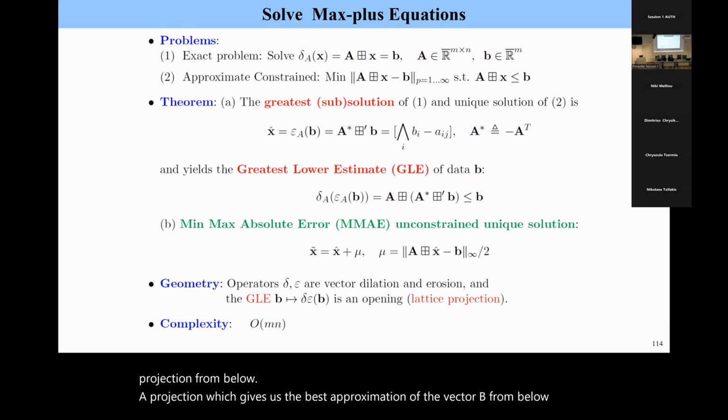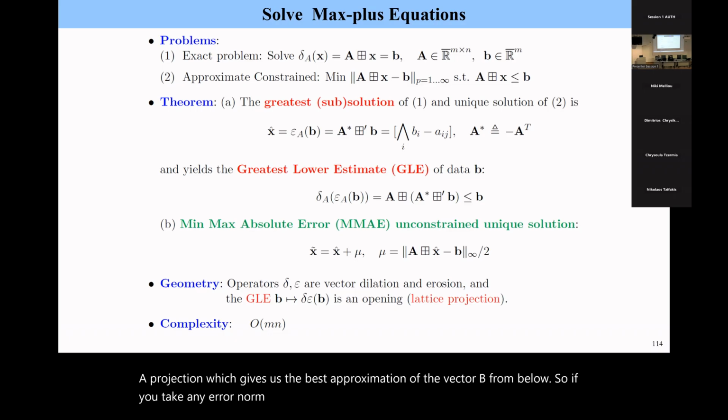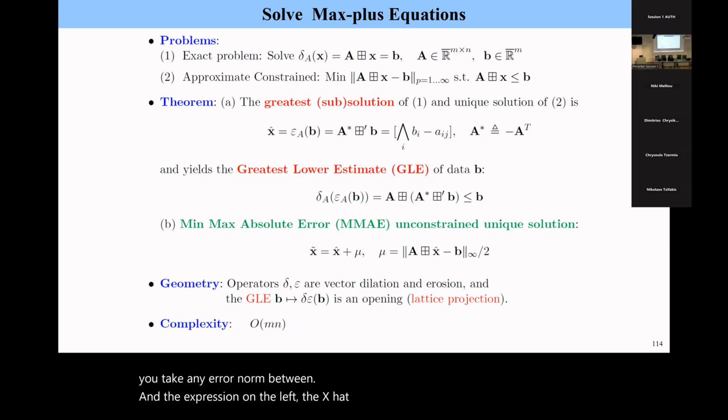So if you take any error norm between b and the expression on the left, the x hat dilated by A, this error will have the smallest norm, both L1, L2, L infinity.